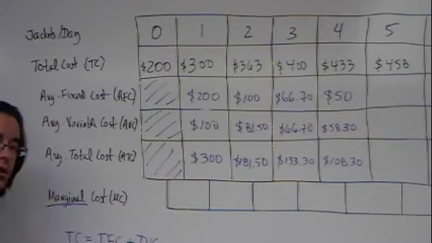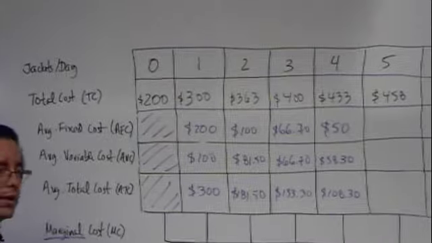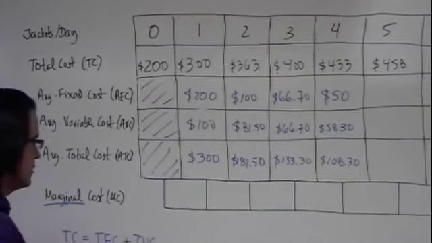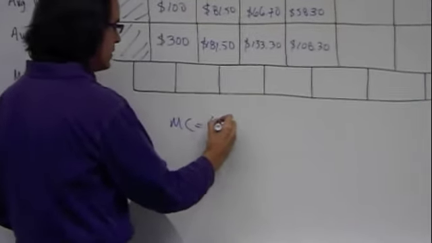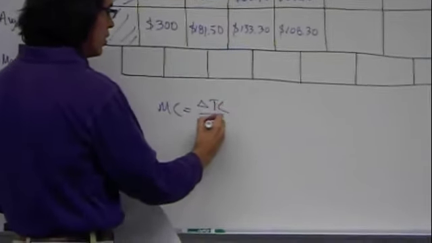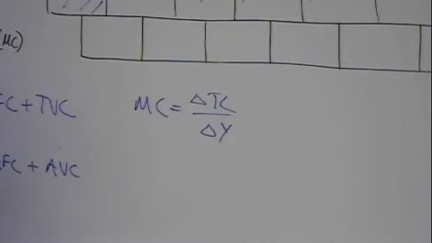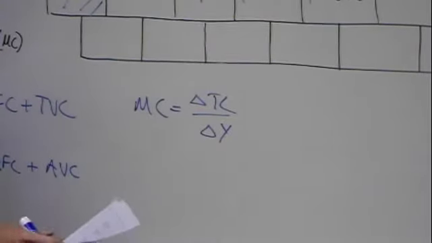But now we want to look at the idea of the marginal cost. This is probably the most important thing that we're going to do here. So the key relationship, or the equation: our marginal cost is simply the change in total cost divided by the change in output. Okay? So we're just going to worry about what's the equation and then calculating.